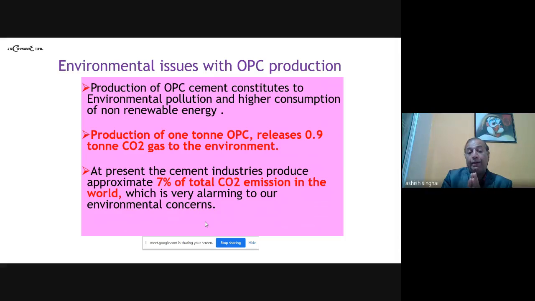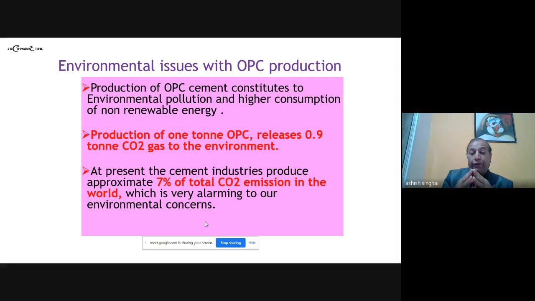And for 1 ton of OPC manufacturing, almost 0.9 tons of carbon dioxide is emitted into the environment. So just look at that quantum of carbon dioxide being emitted into the atmosphere because of the production of every single ton of OPC.